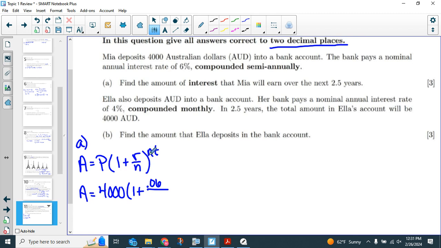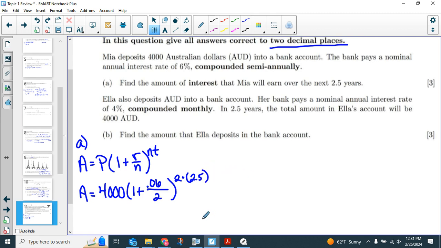N is the same as our K for the formula that's in our packet. That's just how many times compounded per year. What does semi-annually mean? 2. And then we have that same 2 up here, times T, the amount of time. In this case, it says 2.5 years.